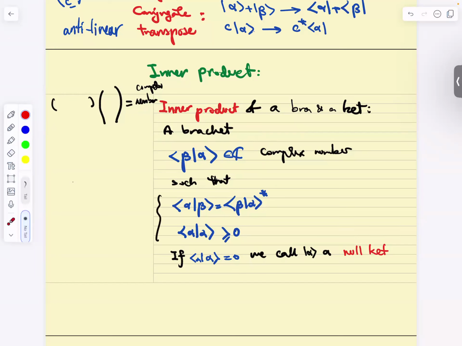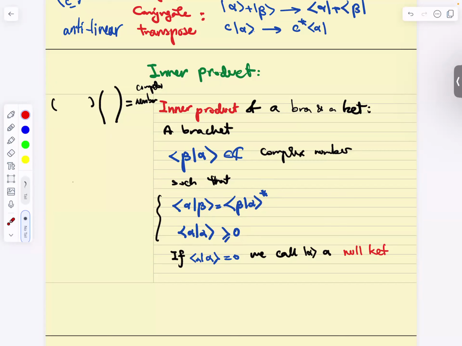First of all, the bracket of alpha and beta, ket beta bra alpha, is the same as the bracket of bra beta ket alpha complex conjugate, because these are complex numbers. Furthermore, the bracket of alpha and alpha is positive, not negative.